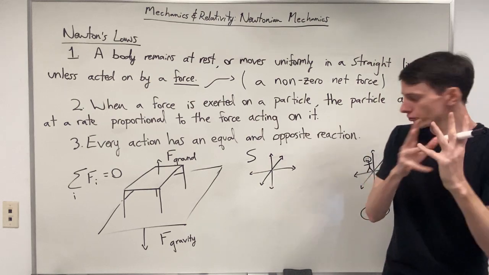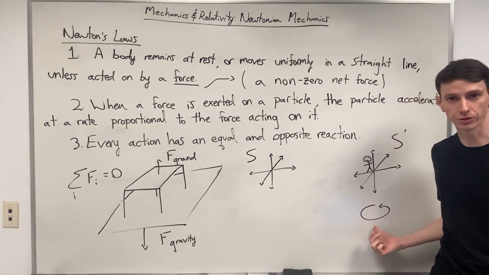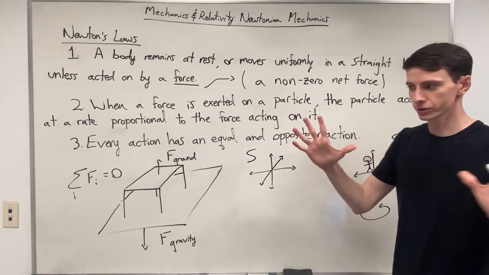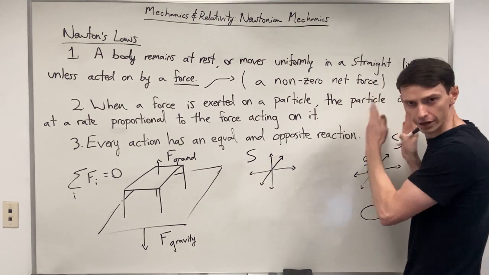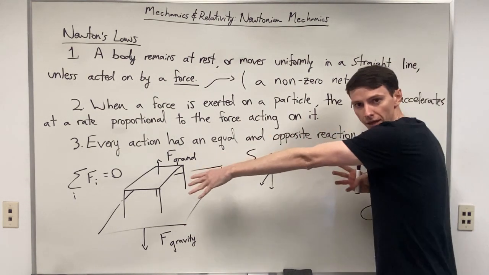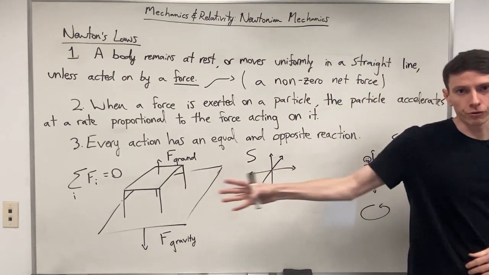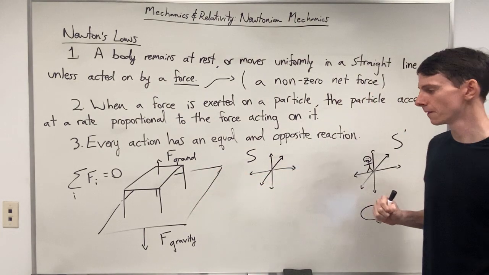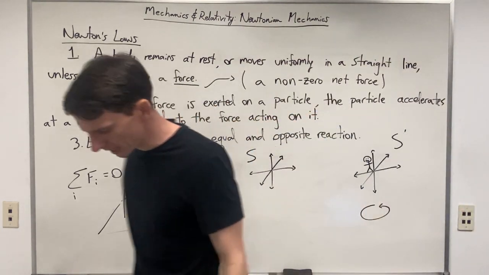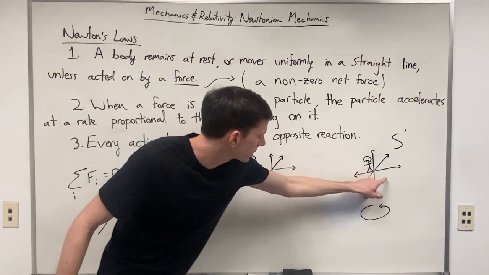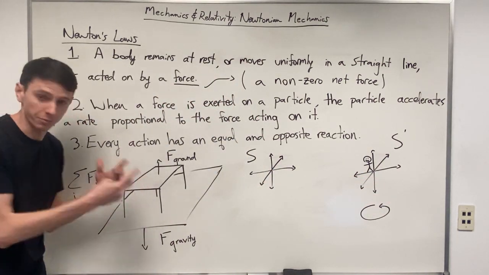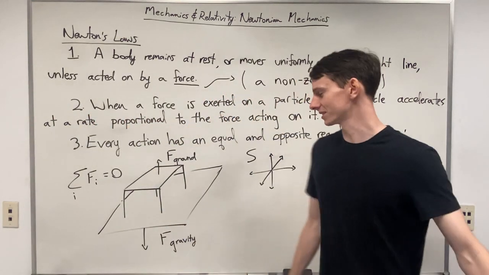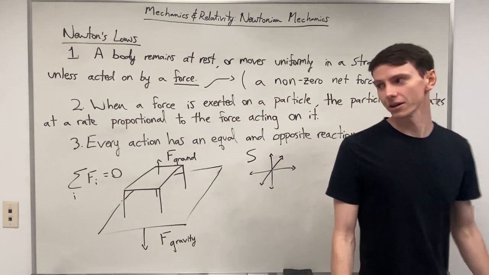But if I were to continue rotating, like what is specified here in S prime, eventually I'm going to rotate over this way, and now if I'm looking straight ahead, it looks like the table's to my left. It was to my right over here, but now it's to my left over here. So if I am in this rotating reference frame, S prime, it looks to me, when I'm doing this, like the table's rotating.